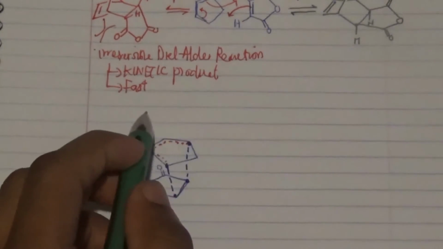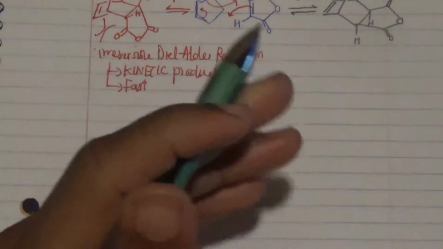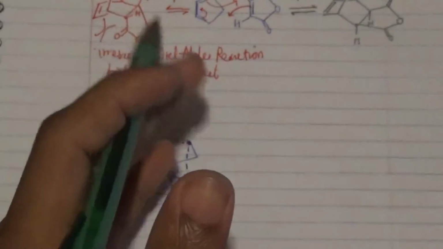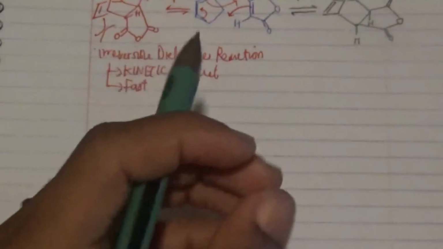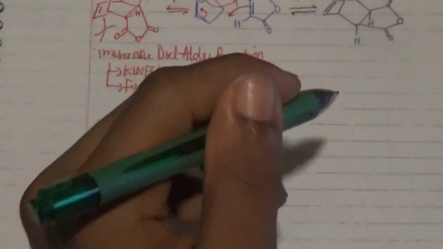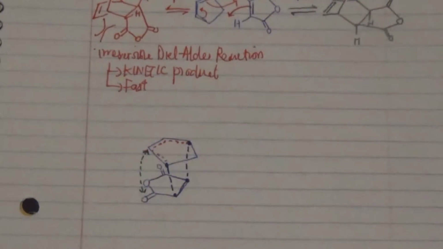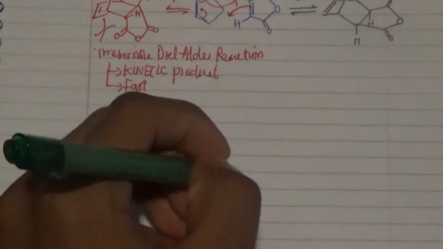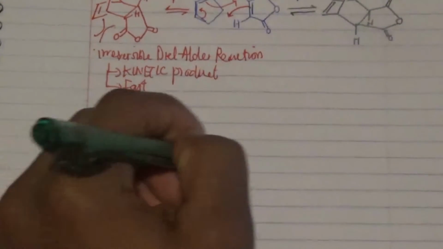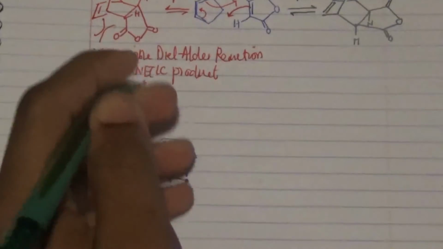Thereby, this bonding interaction in the transition state between the carbonyl groups and the back of the diene makes it form a new double bond, and the carbonyl group ends up on the same side as a result of this interaction, which forms our endo product, thereby making this step irreversible as we move from the transition state to our final product.